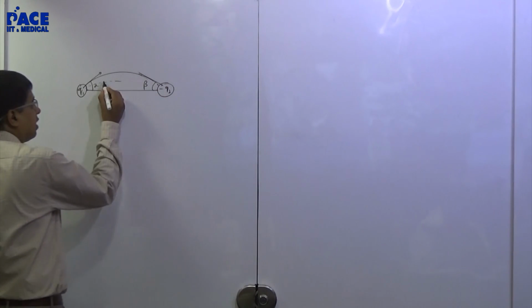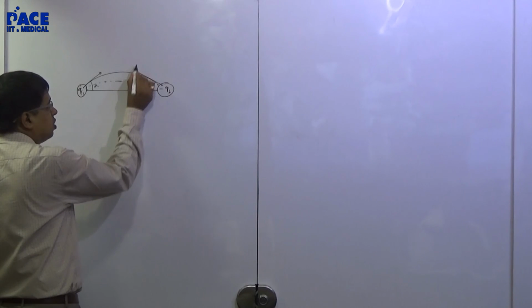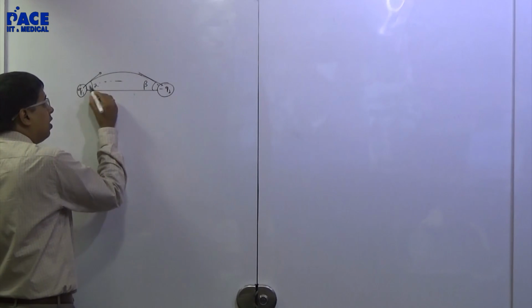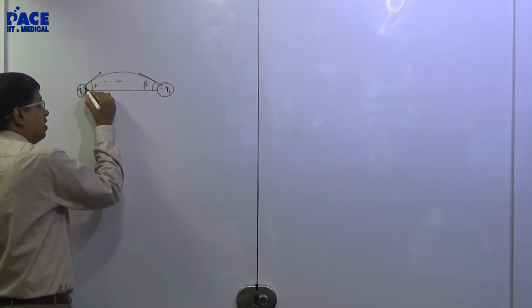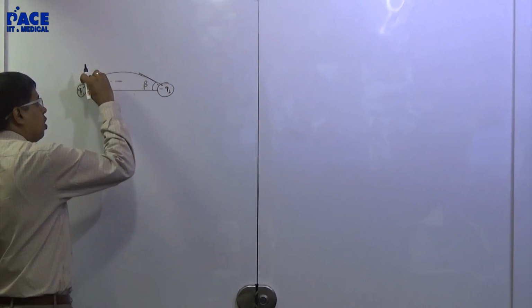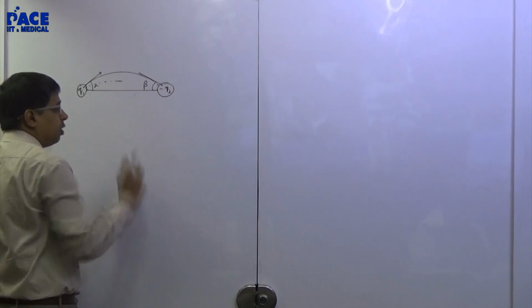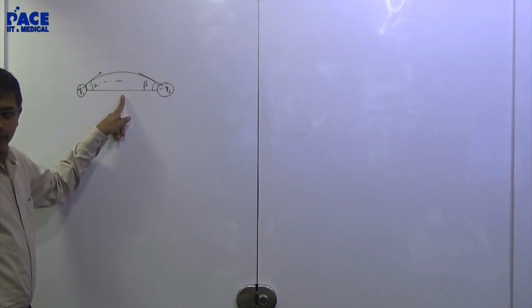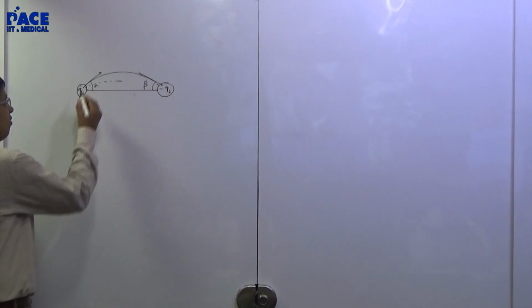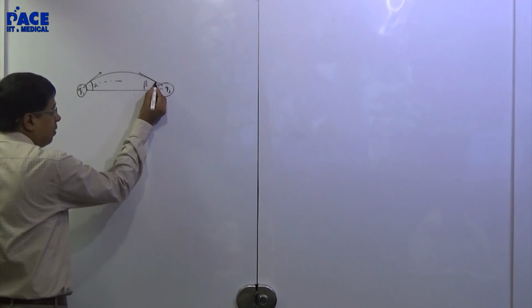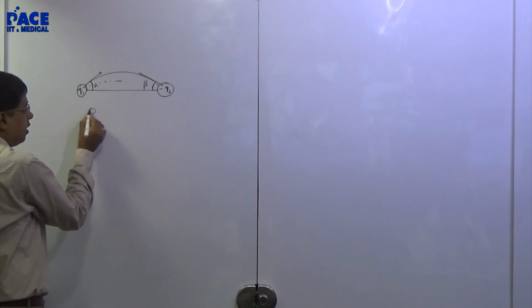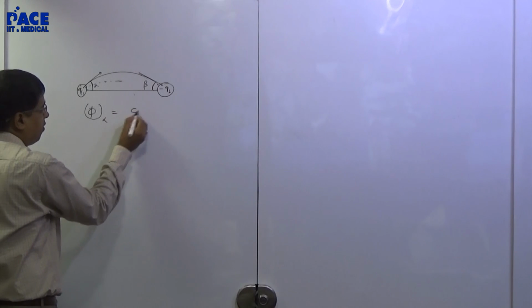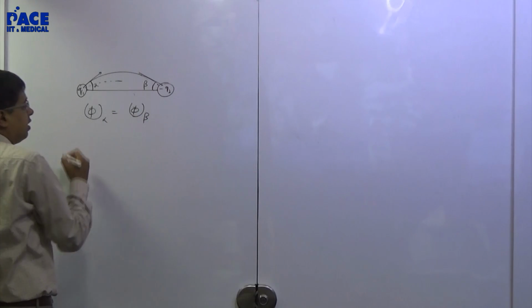You cannot have an electric line of force which either comes out this way or this way, nor will it come till here and evaporate. If it is generated from here, it should be going into this. All the lines of force from here should be going into this, because this line is going into, this line is going into. Agreed? So the total flux generated between this angle should be equal to the total flux entering in this angle. Flux generated at alpha should be equal to flux entering into beta.